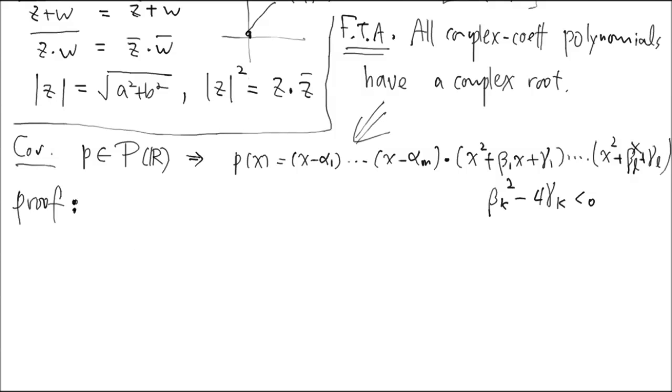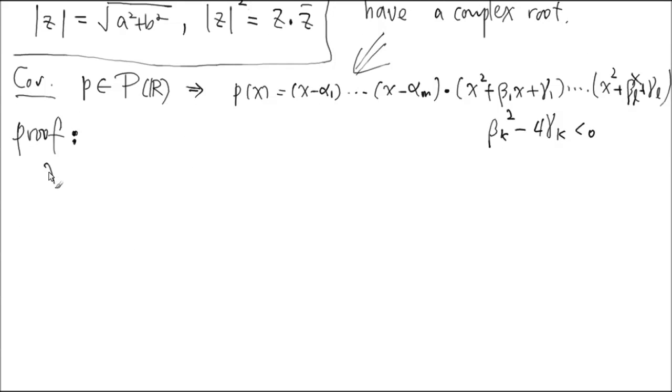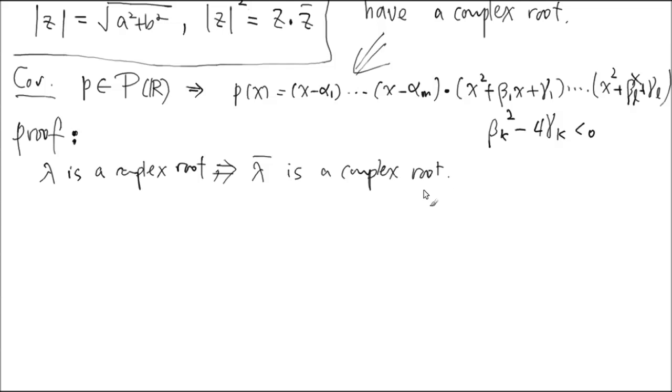It goes like this. If lambda is a complex root, then lambda bar is also a complex root. This is a crucial statement, right?